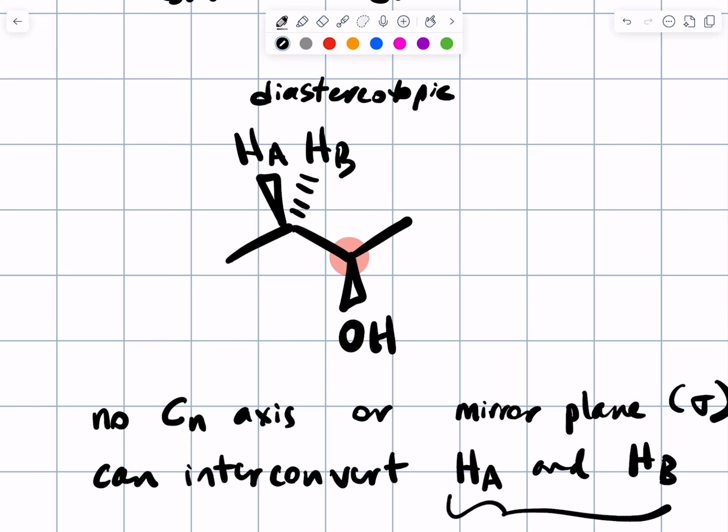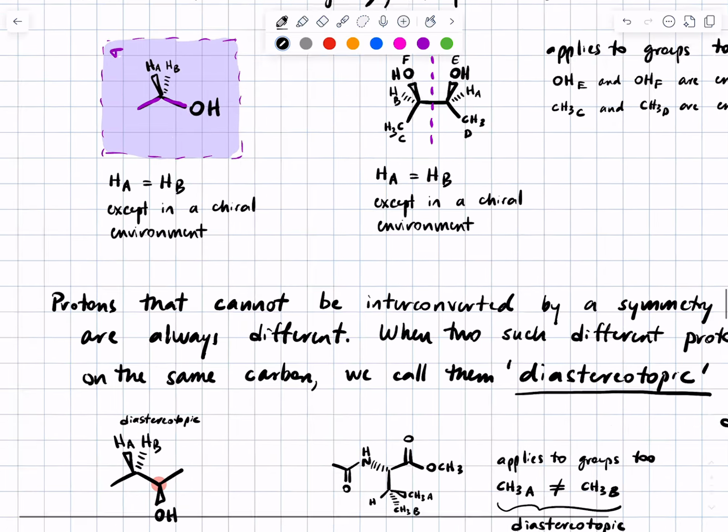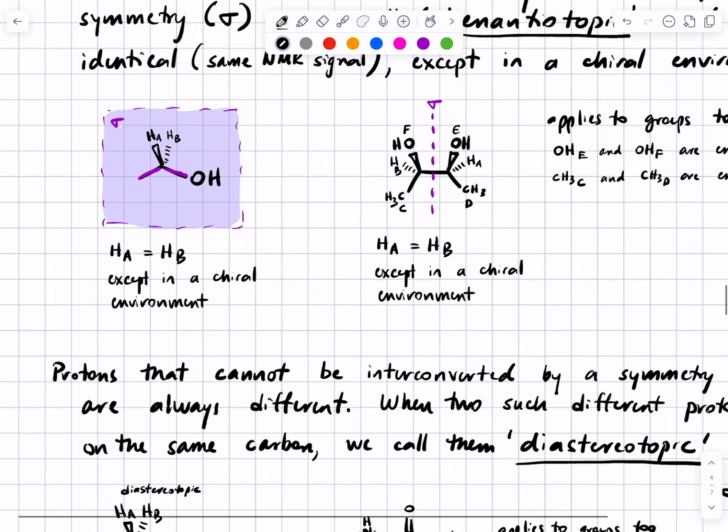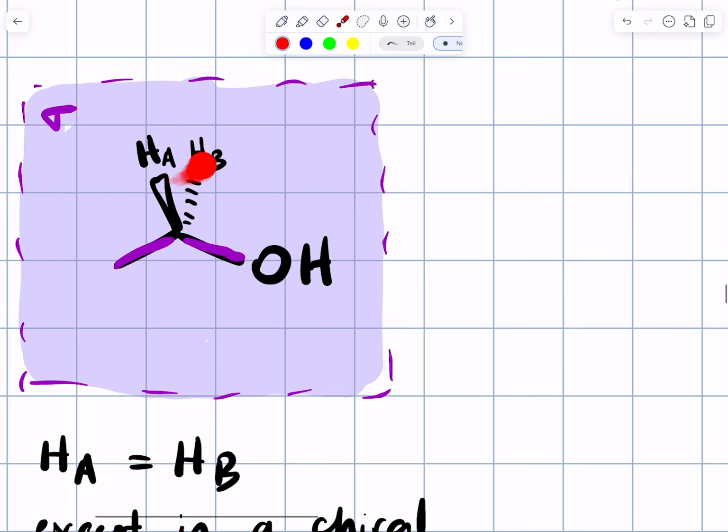Therefore what? Well, we'll talk about examples of that later, but at least at the beginning, it's useful when you look at an NMR structure to have a hypothesis about how many different kinds of protons you should expect to see. And therefore, recognizing protons that are enantiotopic, like here, in ethanol, these two protons should show up at the same chemical shift, same signal, unless they're in a chiral environment.